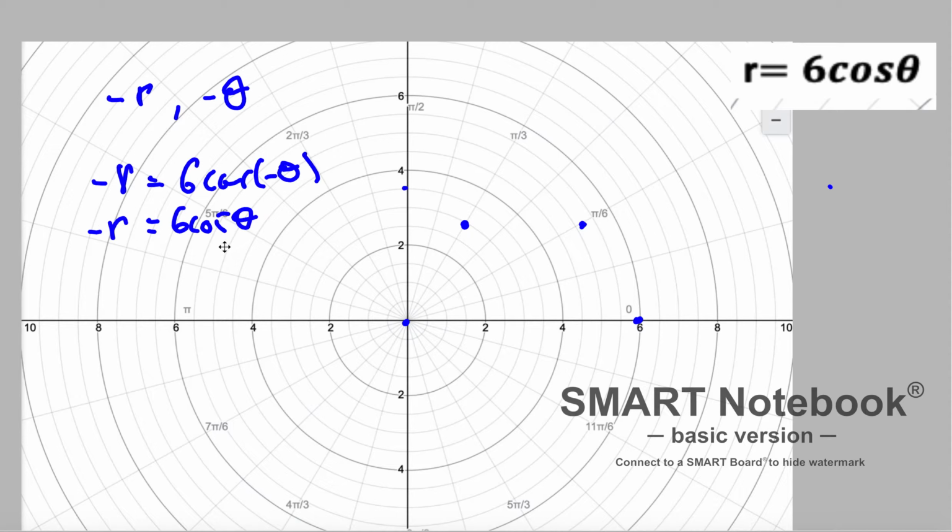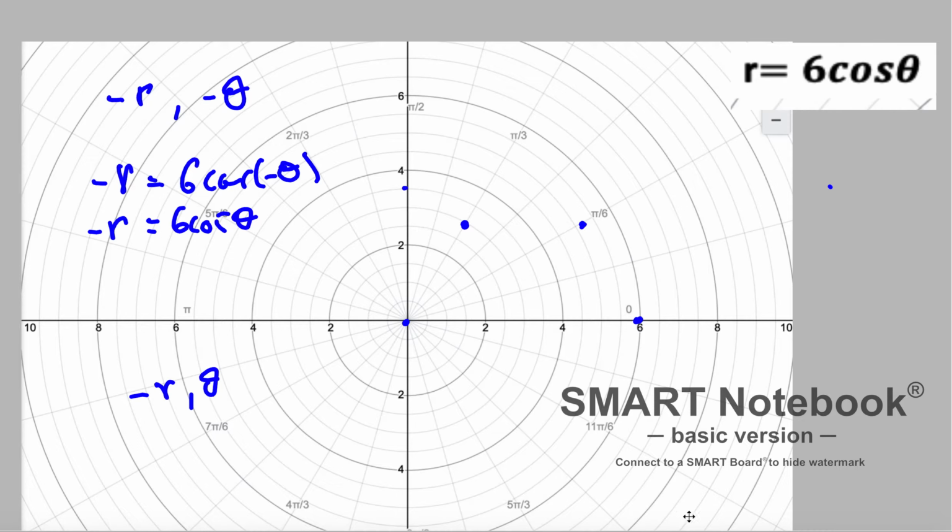Even if you multiply by minus 1, it still does not hold. It's not going to have symmetry with respect to the line pi over 2. Even if we plug in the other symmetry, minus r and theta, it's not going to hold.